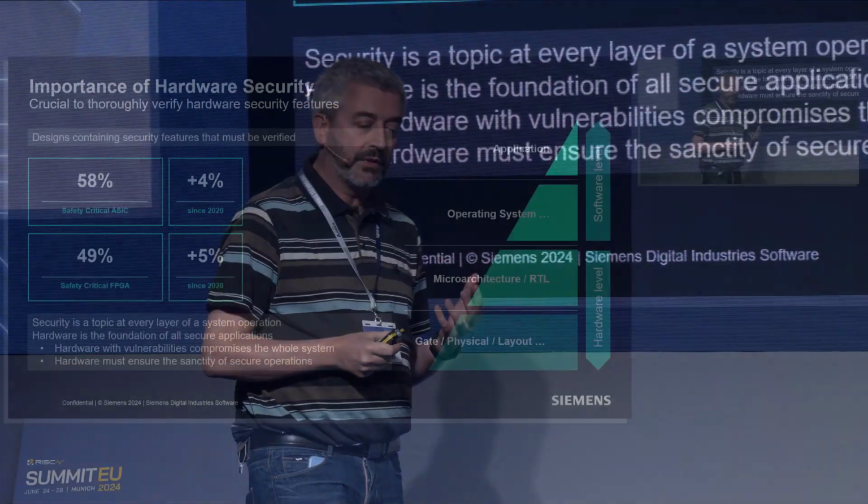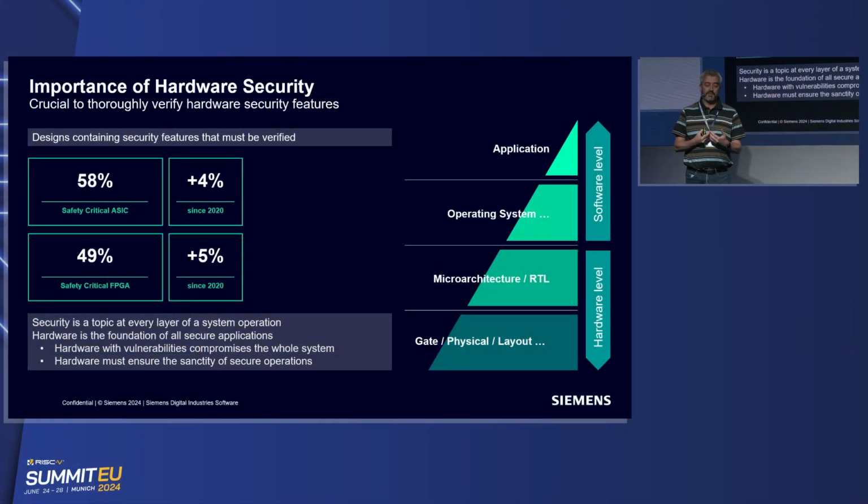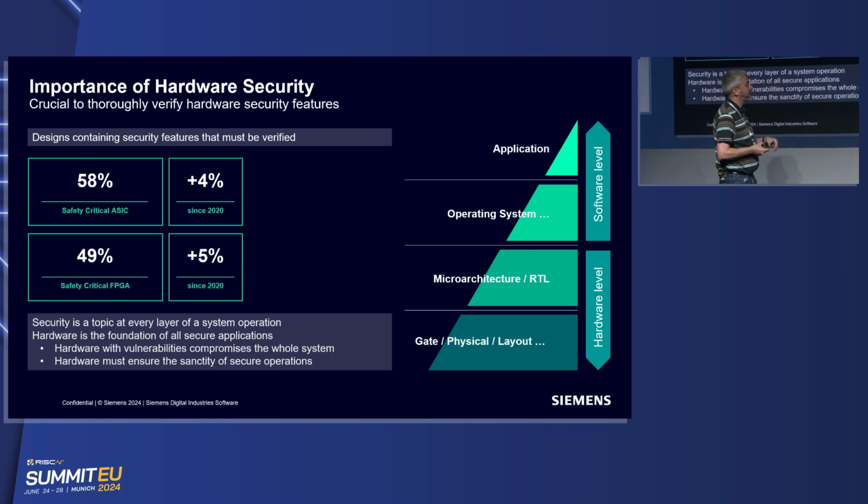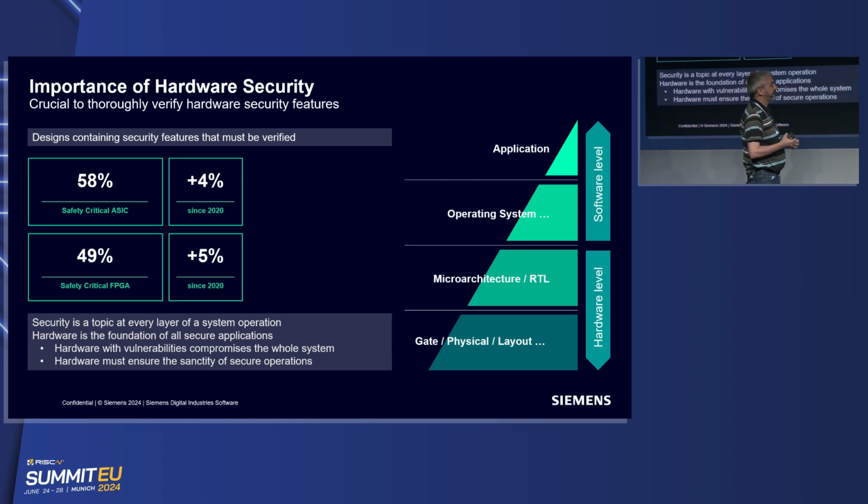So security is, of course, a very central topic that spans a lot of layers. But what matters at the end of the day is that your application level software is actually secure. And of course, you don't really want to look at all these layers at once.